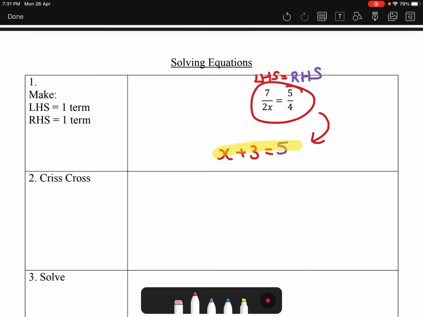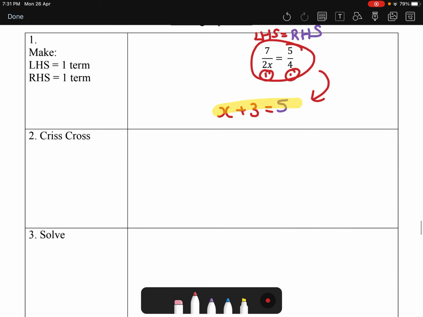So how do I do that? First of all, I must make my left hand side into one term and my right hand side into one term, which is already done for me, because the left hand side is only one term and the right hand side is only one term. Sometimes it's not done for us, so we need to manipulate before we move on to the second step. The second step is to crisscross.